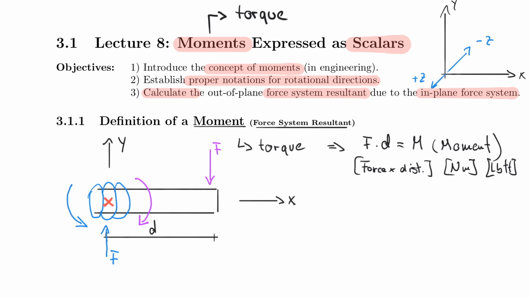And you may remember that we had something called the right-hand rule for 3D coordinate systems. Again, we're not talking about 3D. We have an in-plane force system. So the force and the distance are in the same plane, in the xy plane. But remember that if you rotate from positive x to positive y, you usually end up with the positive z direction.